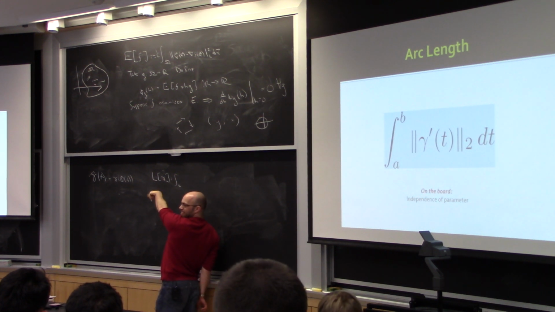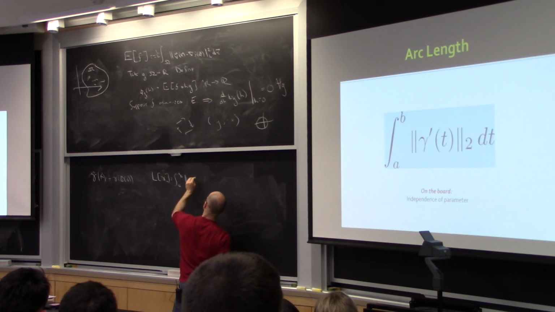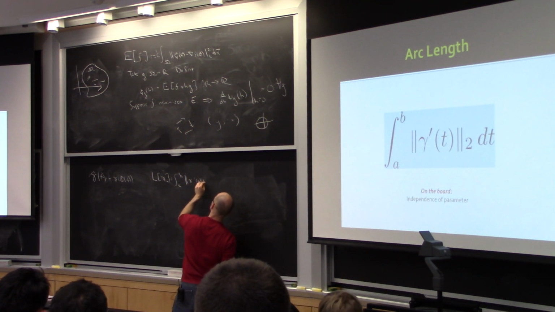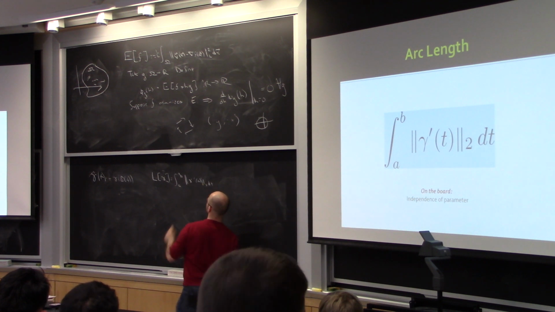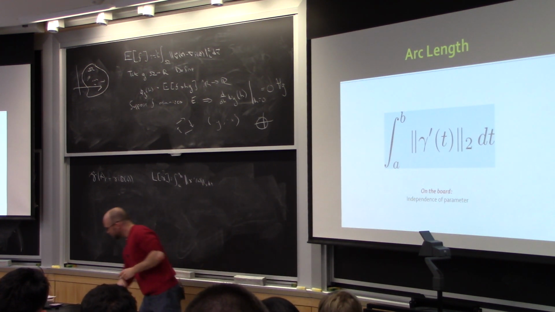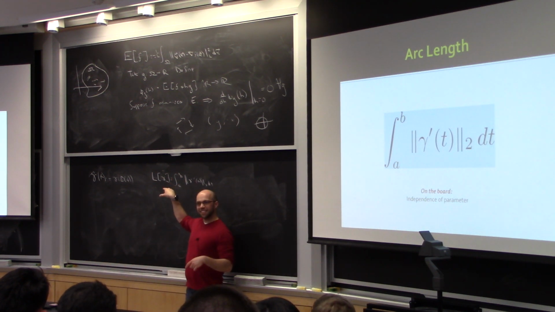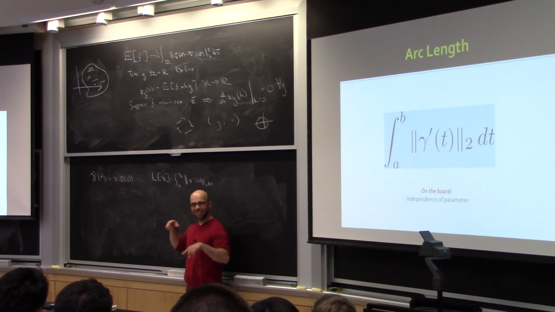It's like a function that takes in a curve and outputs a number, which goes from a curve to its length between a and b. Okay? By the way, we're going to have to be a little bit careful with these a's and b's, since they are going to change if phi remaps the interval. But we're all grown-ups here, so I think that should be okay.